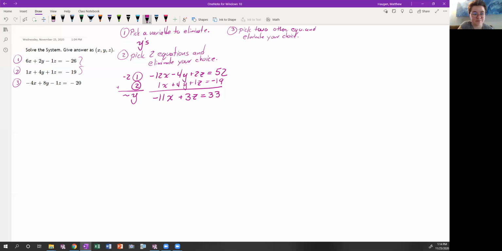Two and three sounds good to me. 2 and 3, okay. So again, we're going to take 2 and 3, and we're going to add those together to get rid of y. Now, adding them together won't get rid of y naturally. We've got to do something to make that happen. But Hope, this is where your thing, those are all multiples of 2, comes in handy. It's the same multiplied by -2, right? Just this time we're multiplying 2 by -2. Okay.